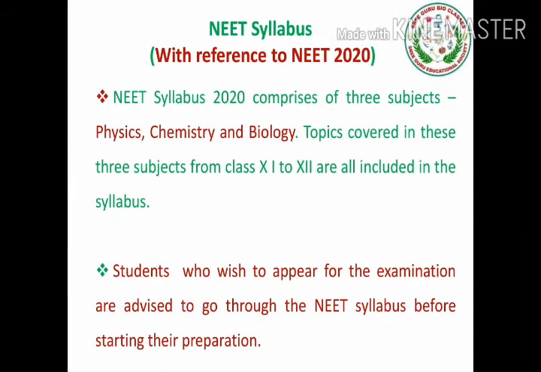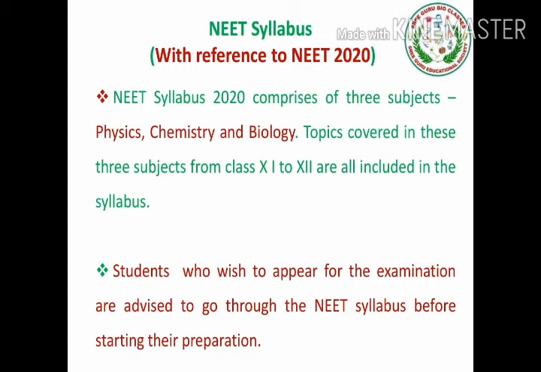Now move on to the other important part in the NEET examination, the syllabus. The syllabus discussed here is NEET 2020. In NEET, generally the knowledge of the students is tested in three subject areas: physics, chemistry and biology.